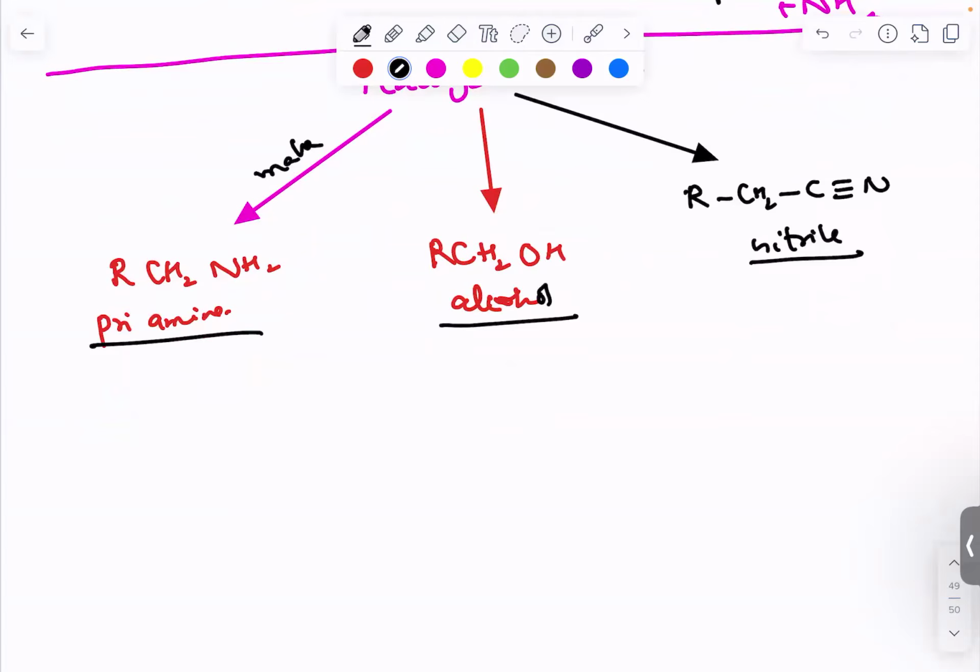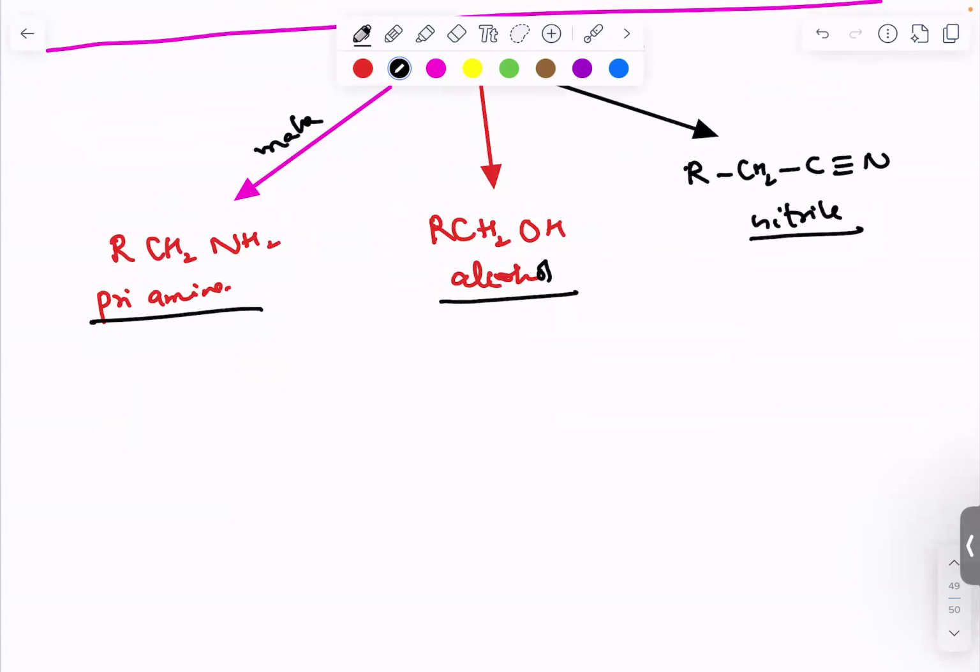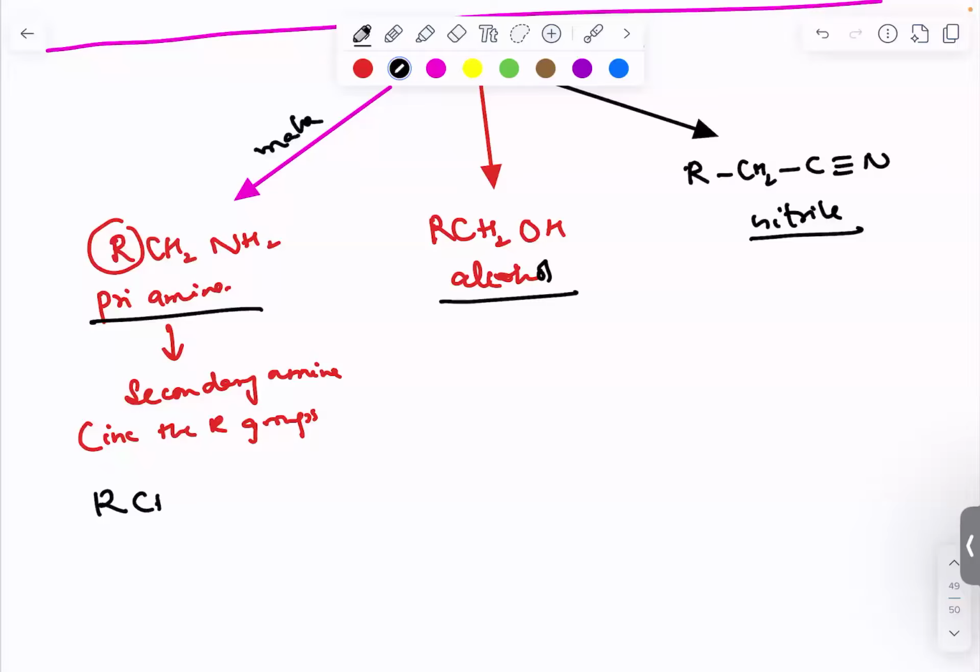All right. So by the way, you can not only do it with the primary amine, you can also do it with secondary amine. And as I told you earlier, for secondary amine, you need to increase the R groups. So if you want to write secondary amine, that would be (RCH2)2NH.